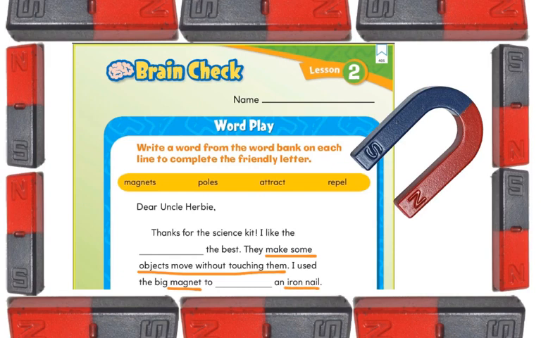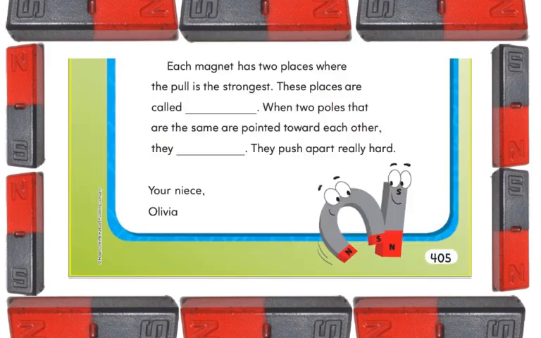Can it attract it or can it repel it? Now the clues for the third one is that each magnet has two places where the pull is the strongest. What do we call these places on a magnet? Remember, one is the south seeking and the other one is the north seeking.